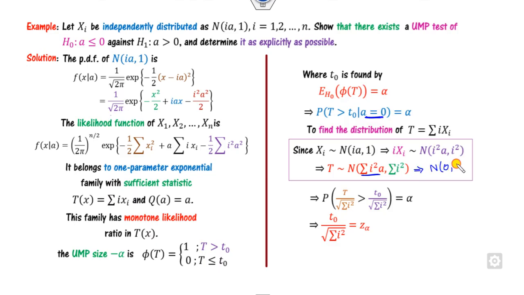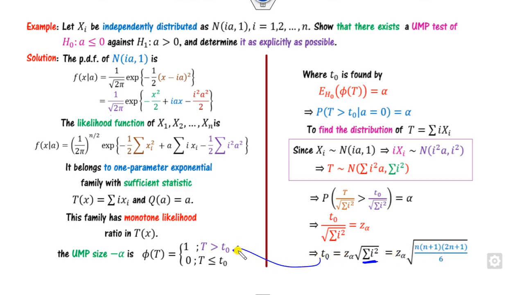It is 0 times i square. So I can convert them to the normal distribution: t minus 0, that is the mean, divided by the root of the variance. So the root of variance is here. Here z alpha is the upper quantile of the standard normal variate, because it is a greater-than test. Can you find this? The summation, i varies from 1 to n. So you can open this. What is that? This is here. Substitute this t0 value as here. You will get the right answer of this UMP test.